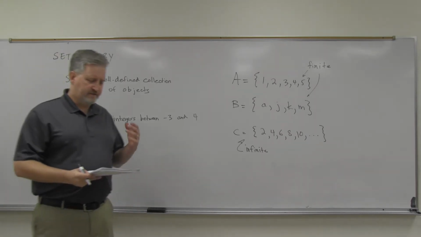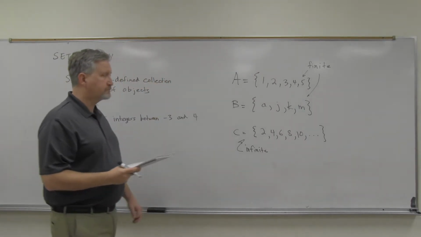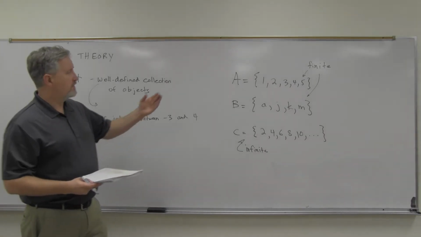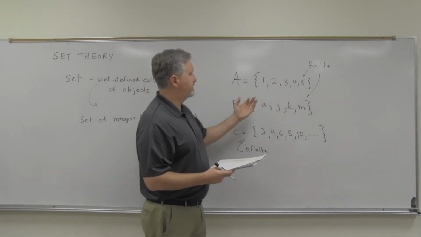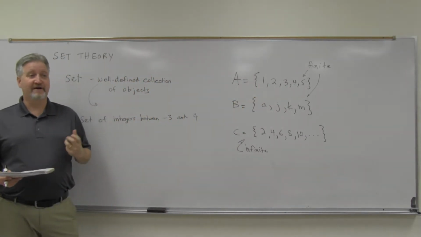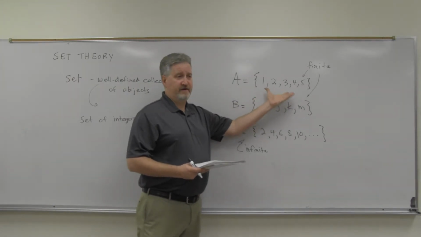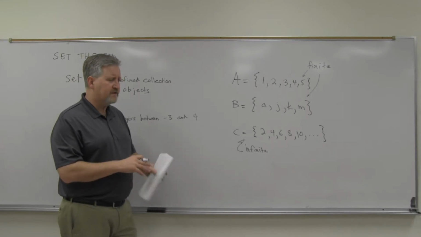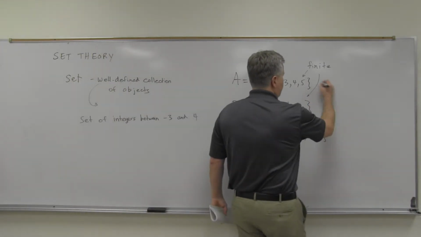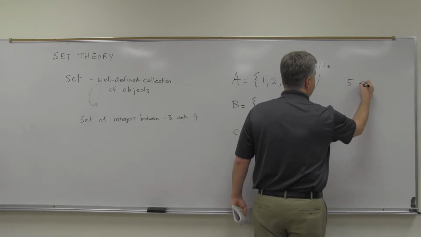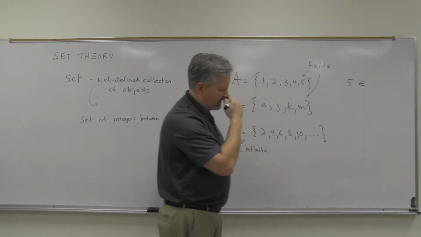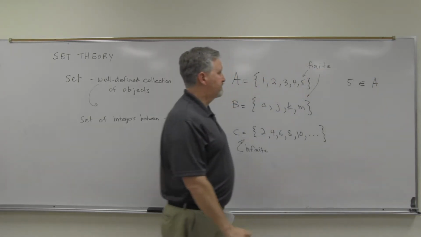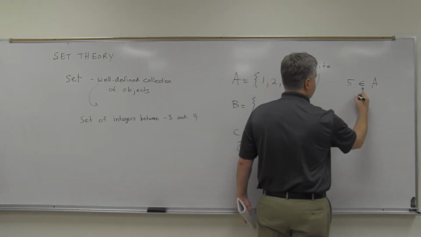All right, now here's another notation for you. The objects here, the technical term for those is elements. So set A has 5 elements here. An element is just an object in the set. And there's a notation for it: 5, then this weird looking E, I guess, then A. That symbol right there means "is an element of."